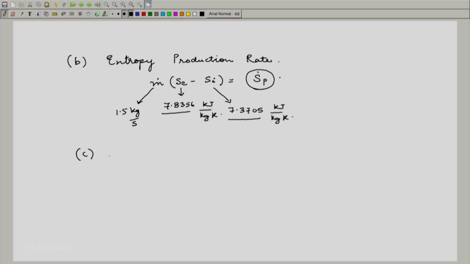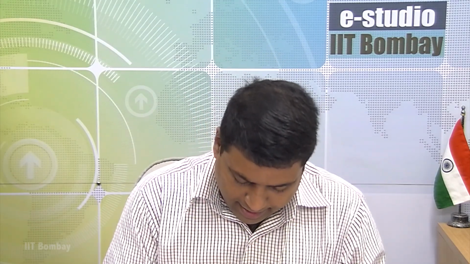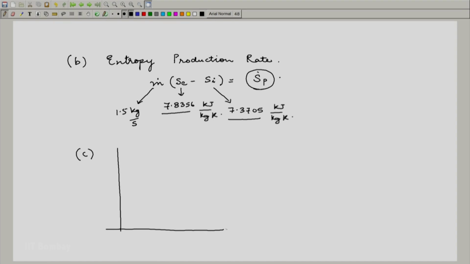Now, look at the part C of this problem. You have been asked to find the isentropic efficiency. We had already defined this for a nozzle, and just for the sake of repeating, let me just draw it again here. So, you have H-S here, you have two isobars, this is your inlet isobar, this is your exit isobar, this is your inlet state, and you would have reached some point isentropically here.